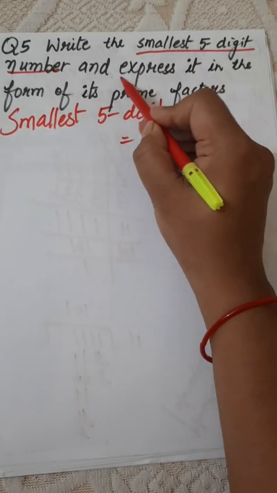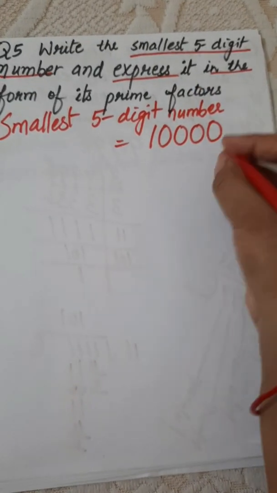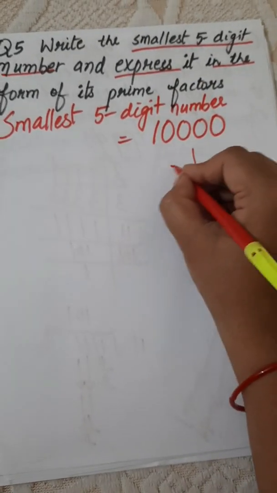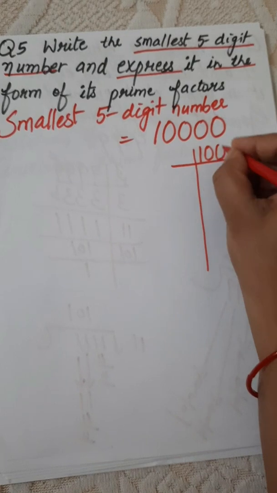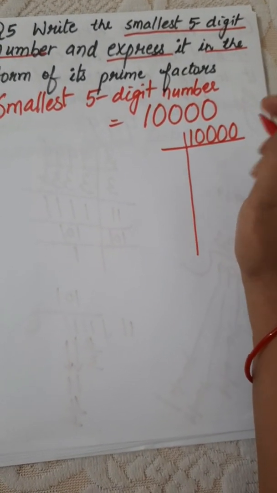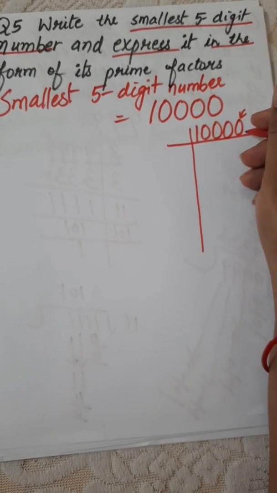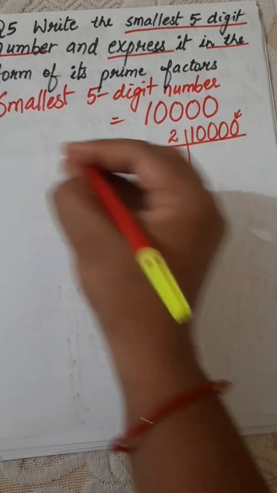Again the same question. Express it in the form of prime factors, which means you have to do the prime factorization. We always start from the smallest prime, that is 2, and we know that the digit at the ones place is even, that is 0, so it is divisible by 2.